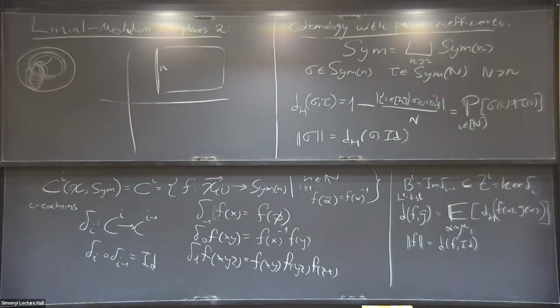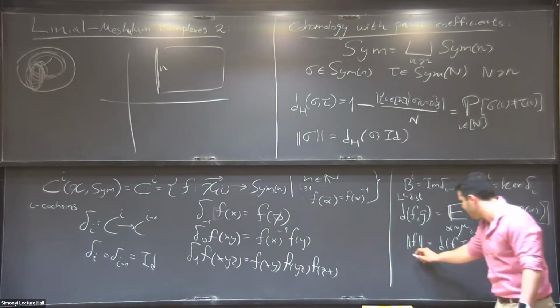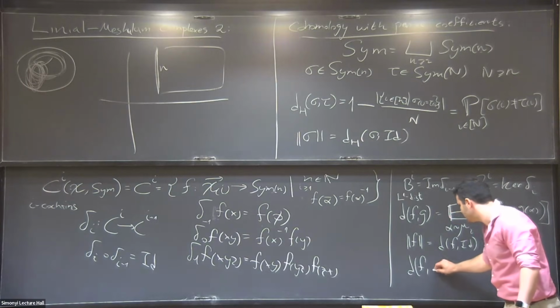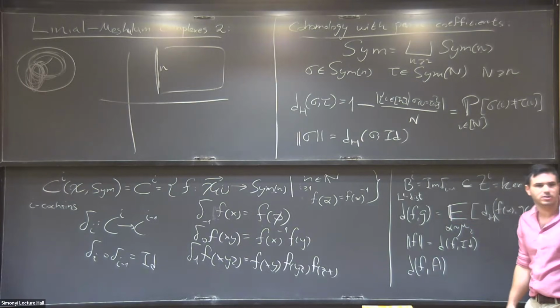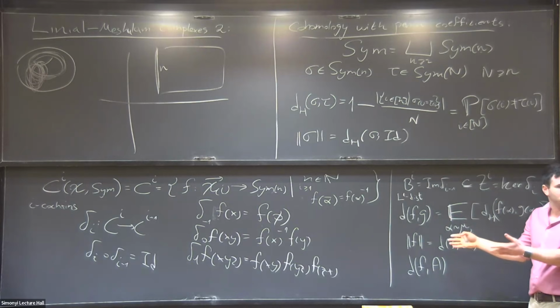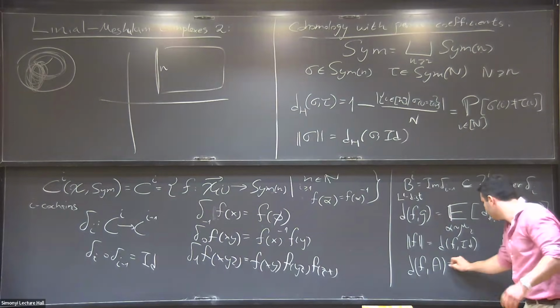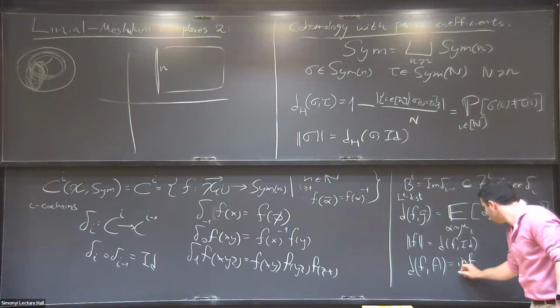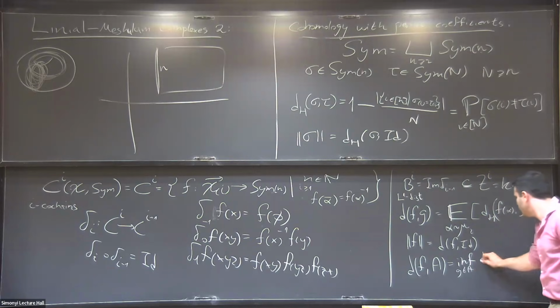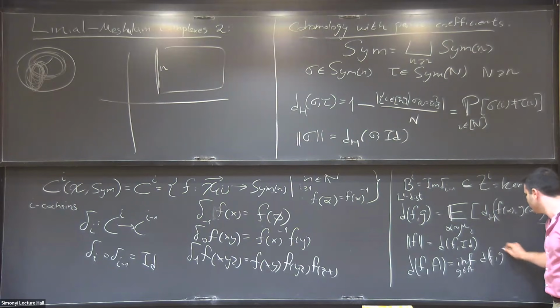And now, you also have a distance from a set. What does that mean? The distance of a function from a set of functions is just the minimum over all possibilities, so the infimum over all g's in A of the distance between f and g. So we have all of these notions, and now I can define the Cheeger constant.